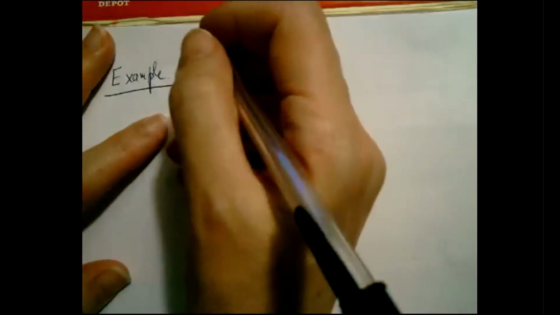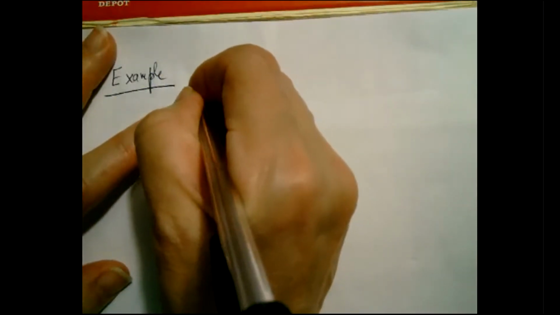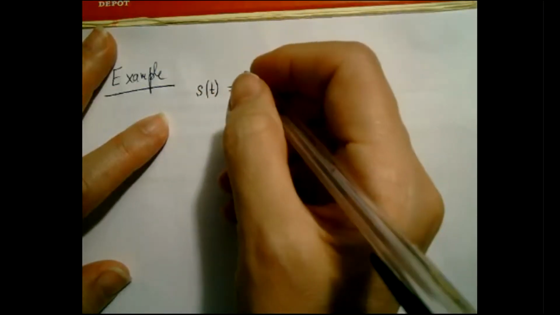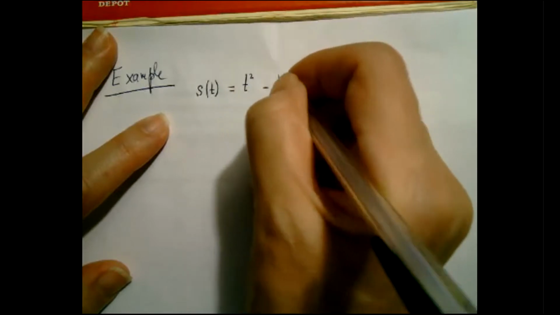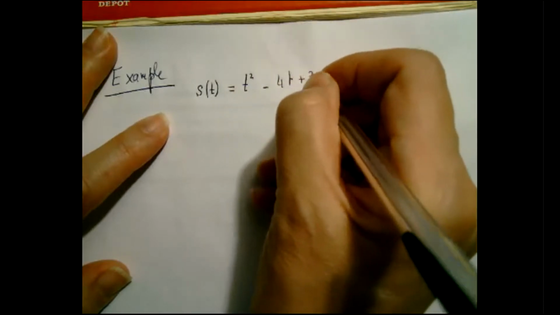Okay, so here's my example. Suppose an object is moving and I'm giving you the formula for the position. S of t is t squared minus 4t plus 3. That's the position function.